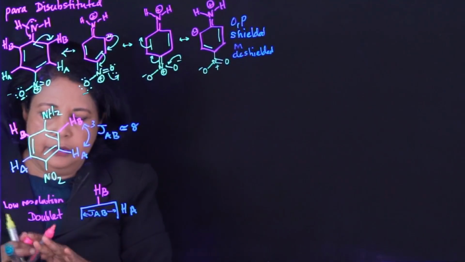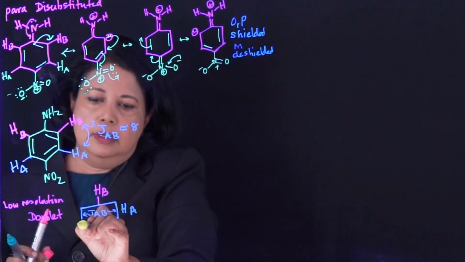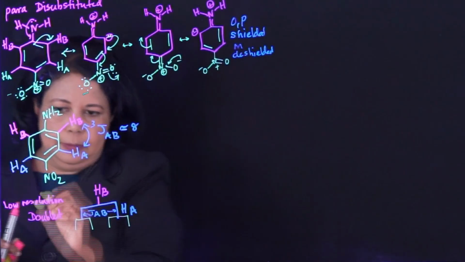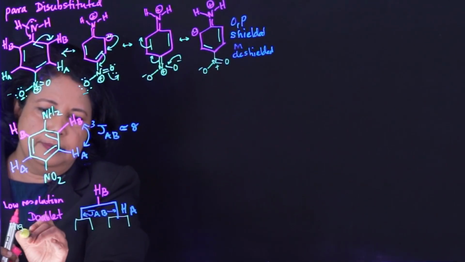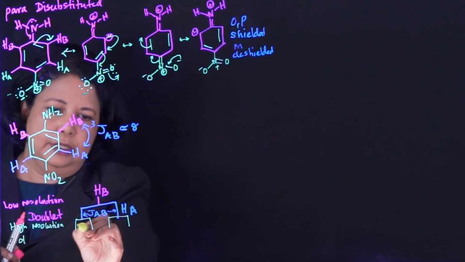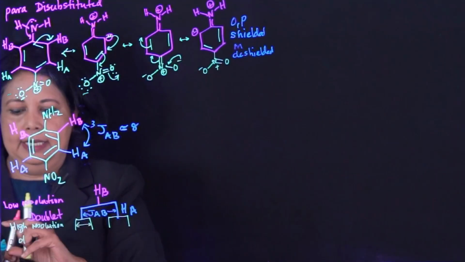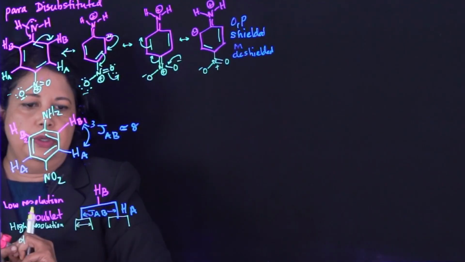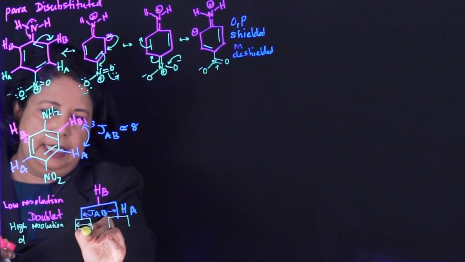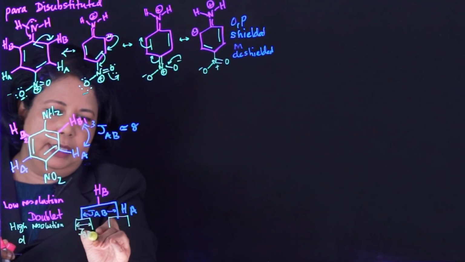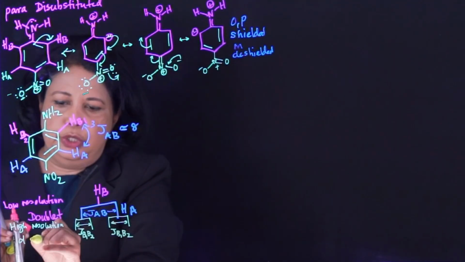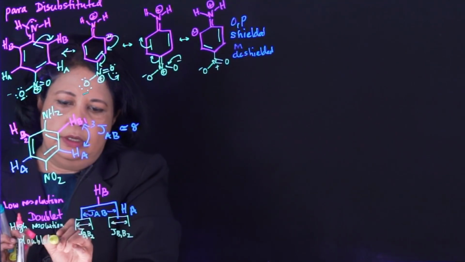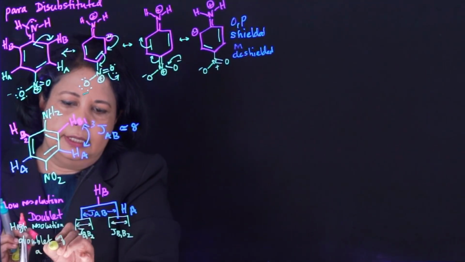If you had a very high resolution NMR machine, you could get a doublet of a doublet. So I'll put high resolution, doublet of a doublet. This is going to be JBB, and that doesn't sound well, so I'm going to put B1 and B2 here. So if you had high resolution NMR, you would see a doublet of a doublet.